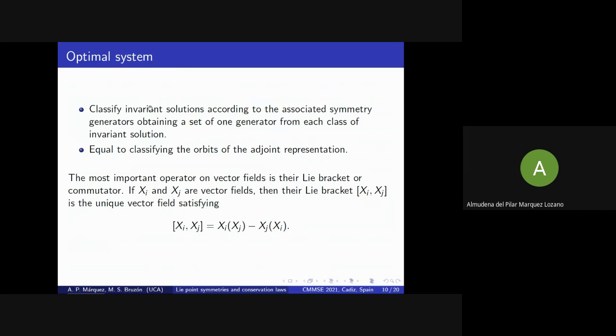This problem is equal to classifying the orbits of the adjoint representation. Firstly, before the adjoint representation, we are going to define the Lie bracket. We have 2 vector fields, and the Lie bracket operator is defined this way. For each pair of vector fields, we obtain its Lie bracket.